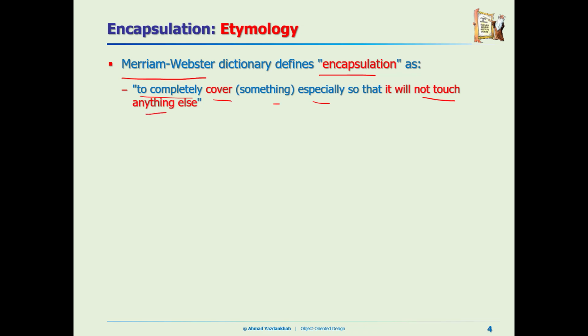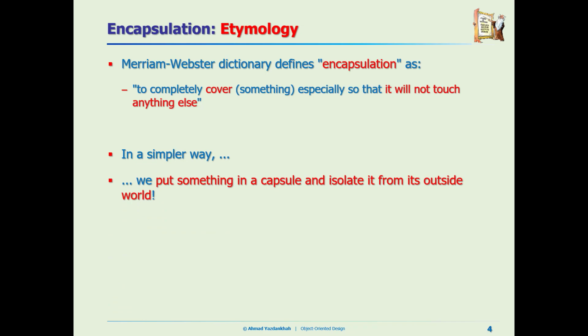So we want to cover something in such a way that it won't be touched by anything else. In plain English, it means that we put something in a capsule. That's why we call it encapsulation, right? We put something in a capsule and isolate it from its outside world.